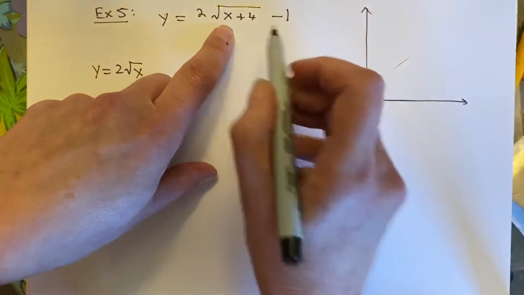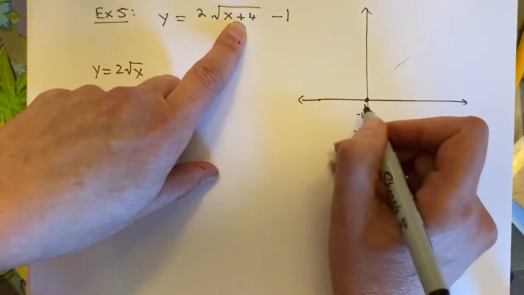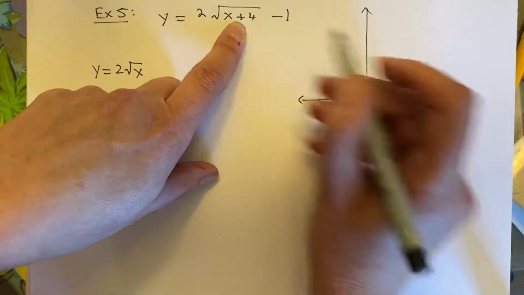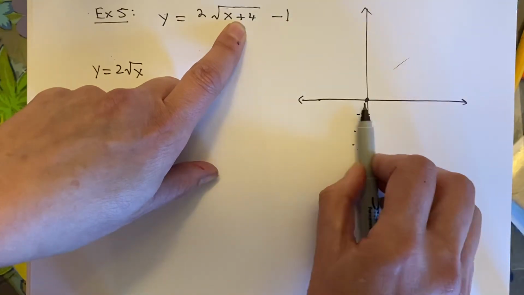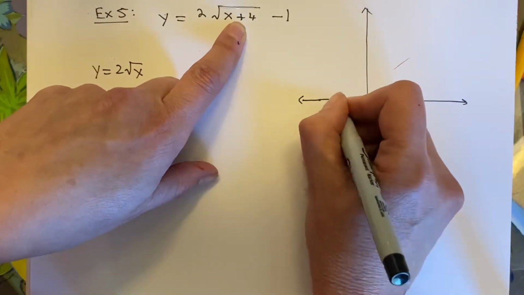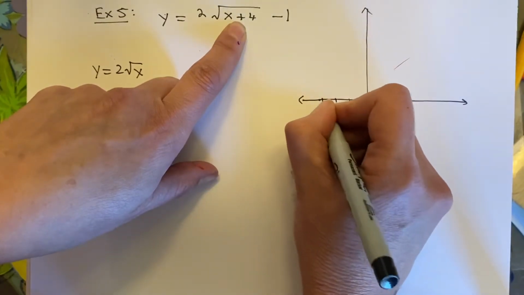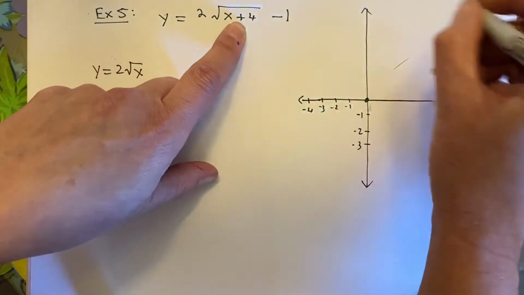Here, because you have a value of 4, you know this is probably going to go left by 4, because if this was -4, as you saw yesterday, it would go to the right by 4. So if this is a positive, it's going to go to the left. So as I'm drawing this, I'm going to go all the way out to -4.